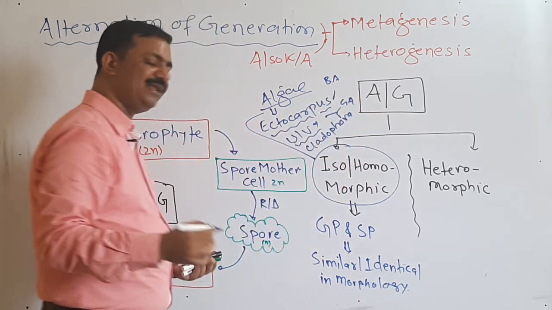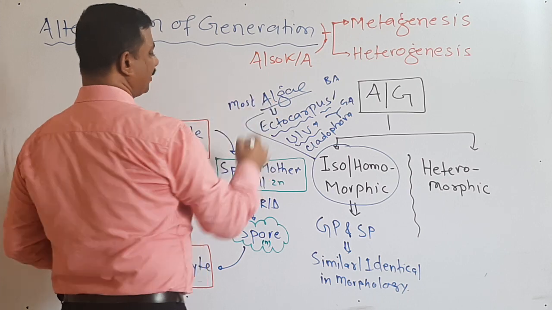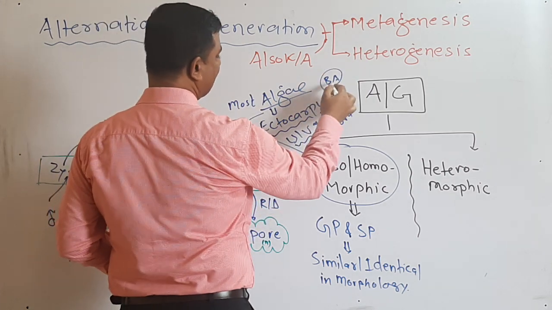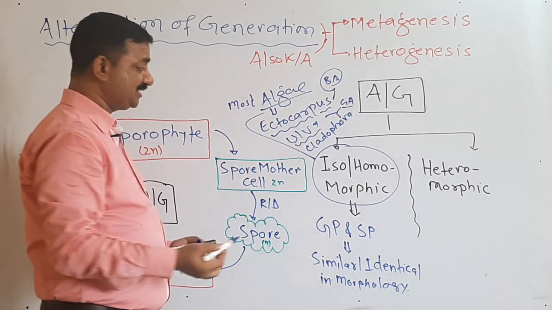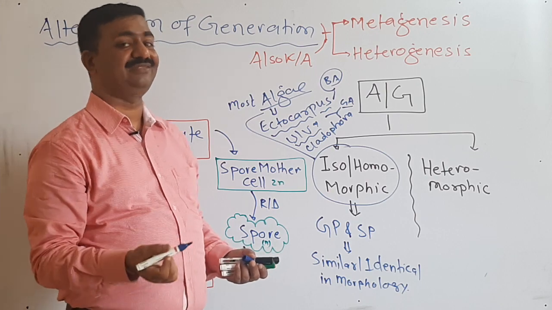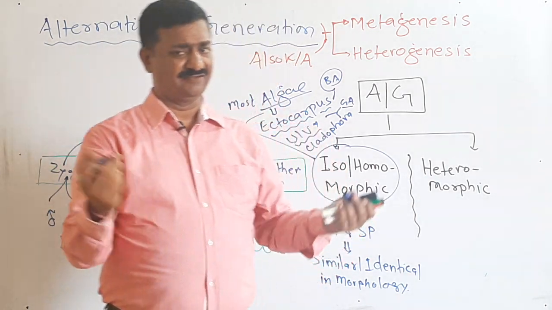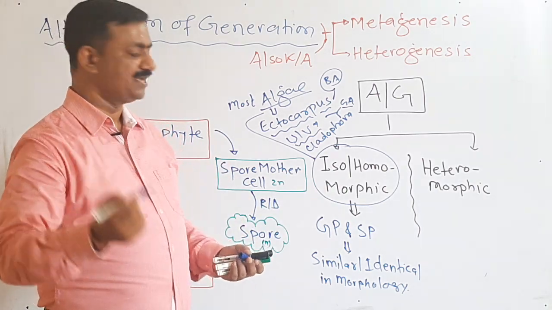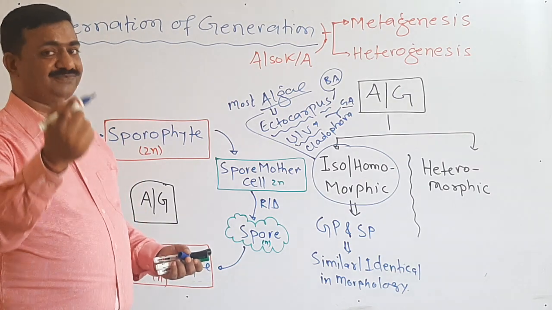So in brown algae, Ectocarpus, as well as in green algae, Chlorophyceae, Ulva and Cladophora, both the gametophytic and the sporophytic plant body are very identical. That's why it is called homo or isomorphic alternation of generation.